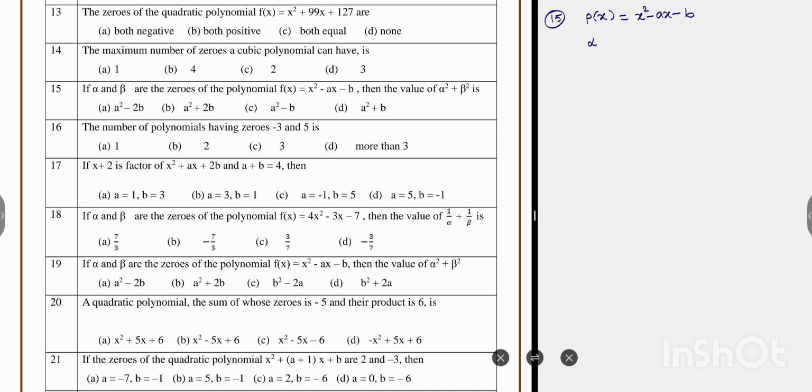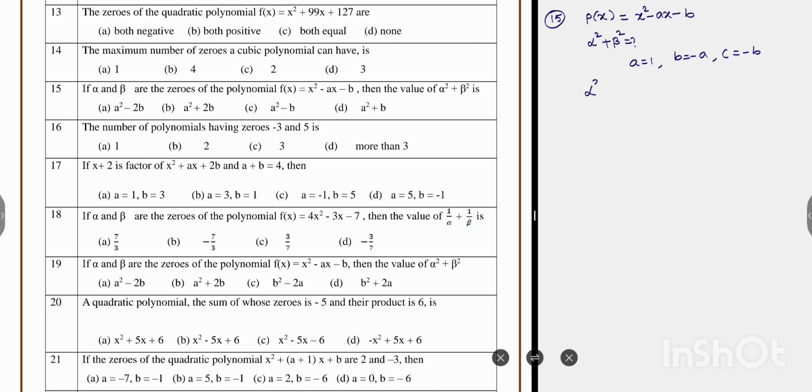Here the a, b, c values: a is equal to 1. Generally, the coefficient of x we should not take as b, but b is equal to minus a and c is equal to minus b. According to our terminology, we have to write the a value, b value, c value first. The coefficient of x square is 1, the coefficient of x is minus a, the constant is minus b.